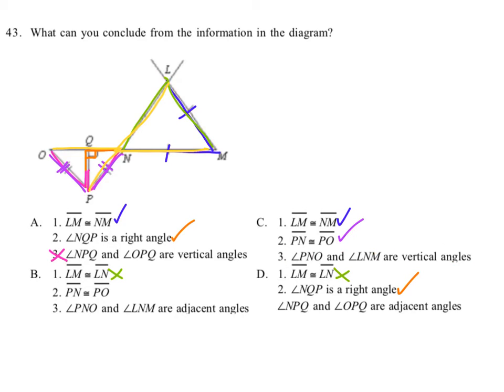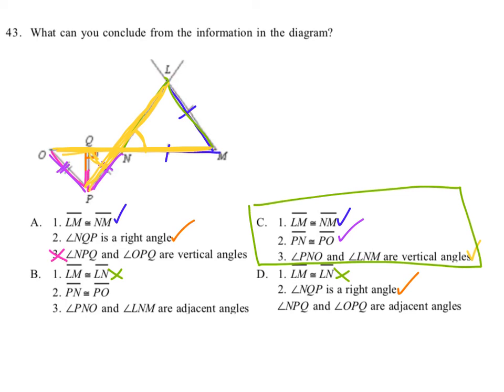And yes, they are vertical angles because these two yellow lines are what form them. So this is a vertical angle with this, and that one checks out as well. Because all three of them check out, the answer must be C.